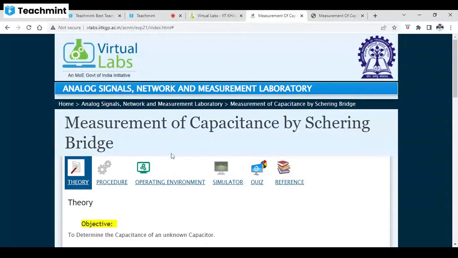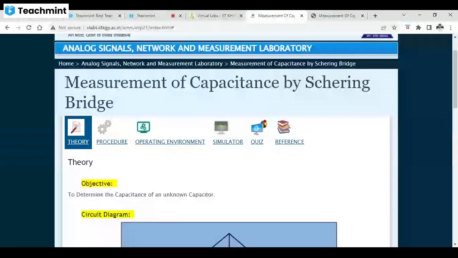Today we will study the measurement of capacitance using the Schering bridge. In the laboratory, we see the measurement technique of unknown capacitance.